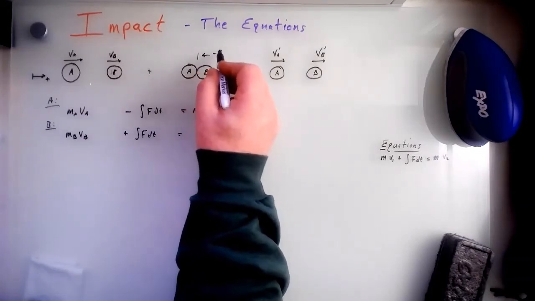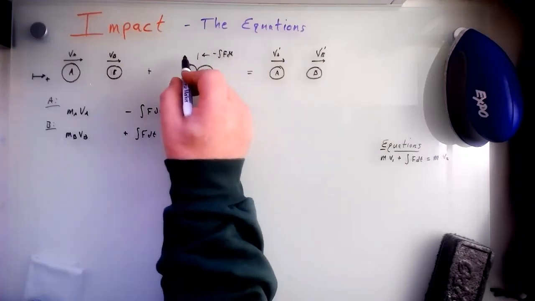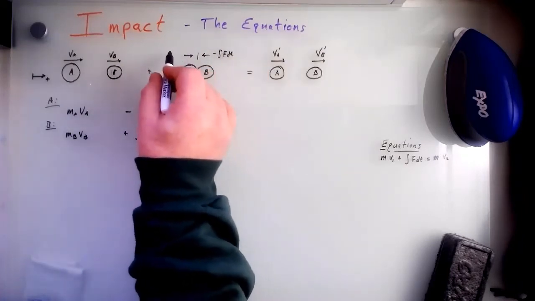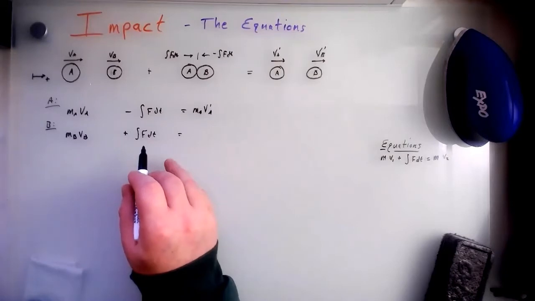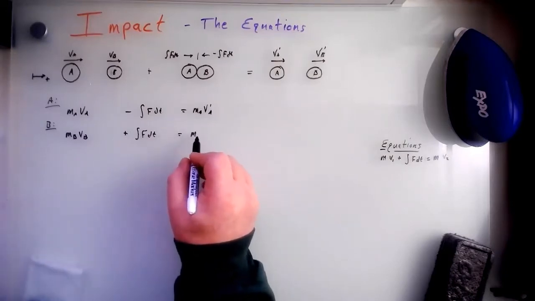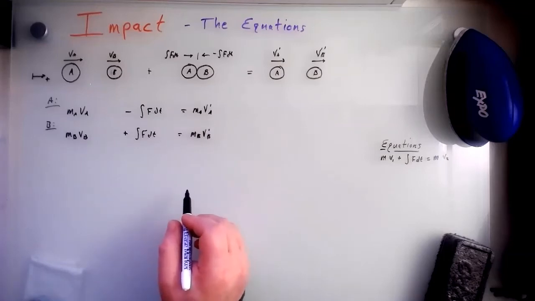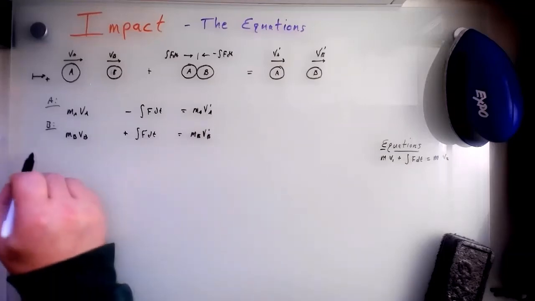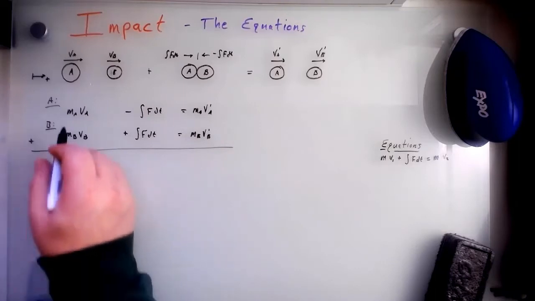This would be minus F dt, and this would be plus F dt. And coming back to this, it's going to be equal to mB vB prime. So if we add these together, we get our first equation.